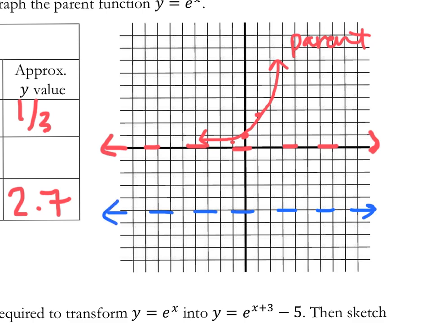And then we'll just go point by point and shift left 3, down 5. So this point will go left 1, 2, 3, down 1, 2, 3, 4, 5. So it'll be right here. This point is going to go left 1, 2, 3, down 1, 2, 3, 4, 5, and I'll end up down here.